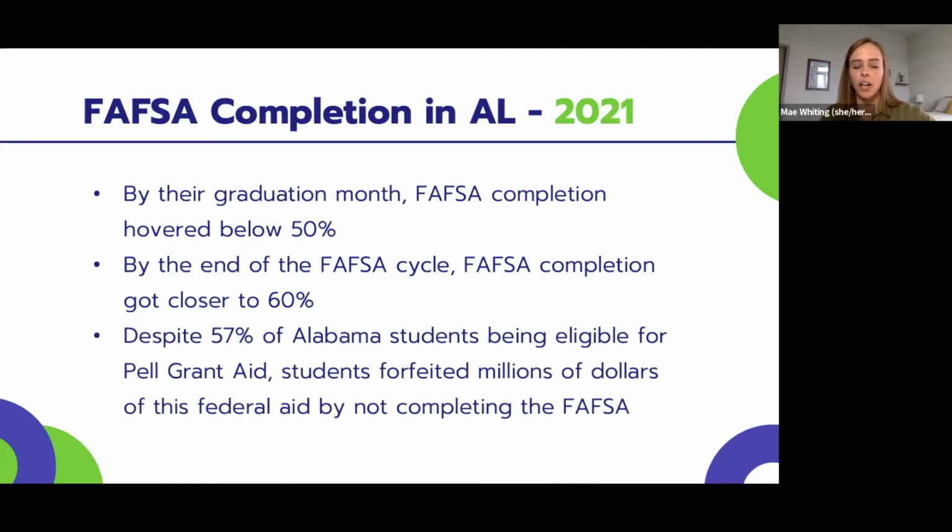But having around 40% of high school seniors not completing a FAFSA is especially significant in our state because around 57% of Alabama students are eligible for Pell Grant aid. And students can only access this aid if they are completing their FAFSA.